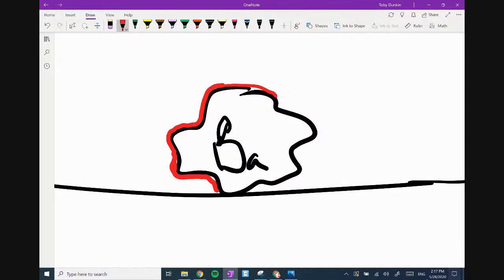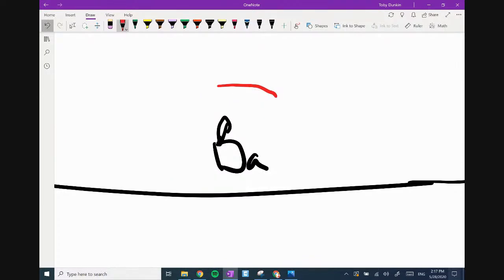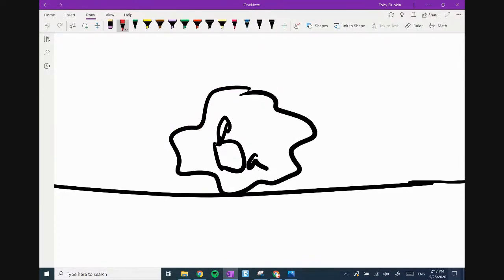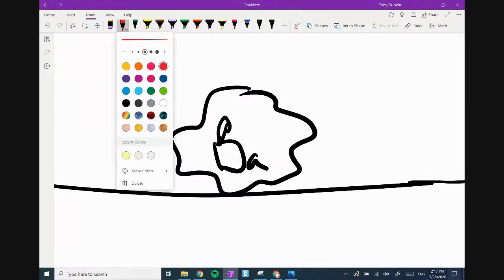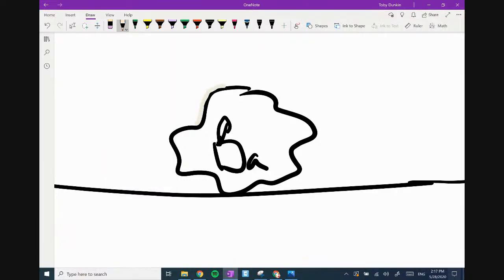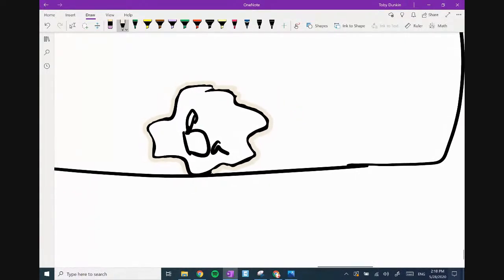It's actually a creamy color, barium sulfate. I'm going to make it more accurate. There we go. It gets covered, not in barium oxide, Ashley, but in barium sulfate.